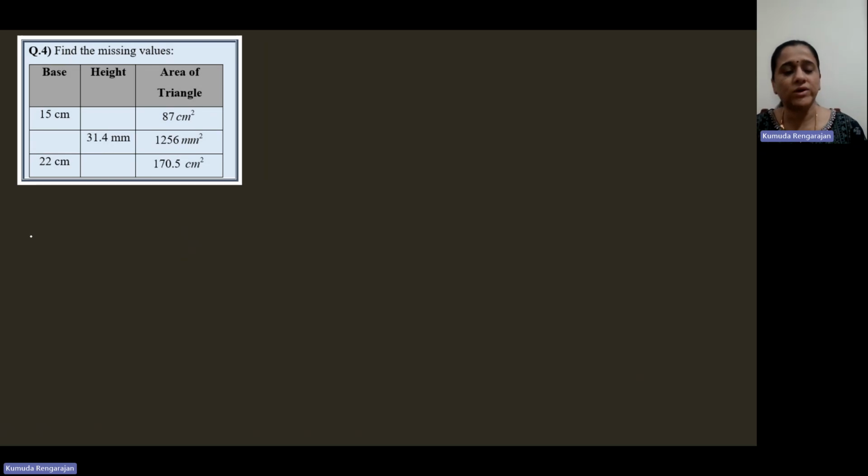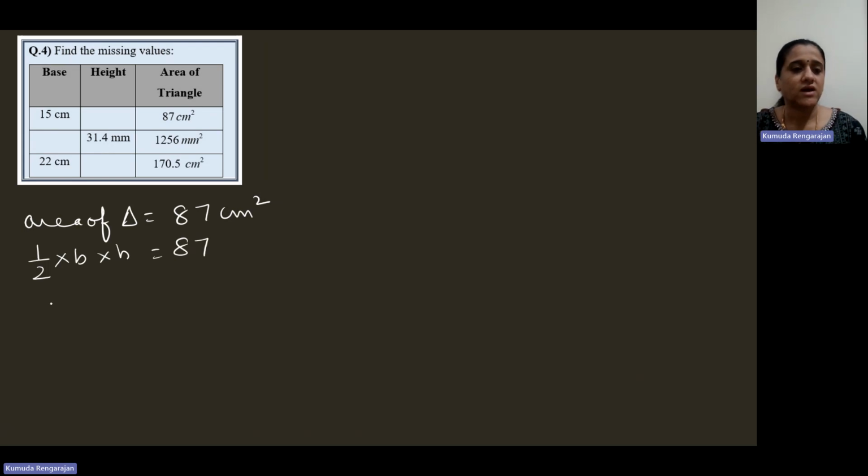So first, whenever area is given, you have to start like this. Area of triangle is equal to 87 centimeters square. All right. So area is half base into height. So half into base into height is equal to 87. Half into what's the base? 15, right? Into h is equal to 87.